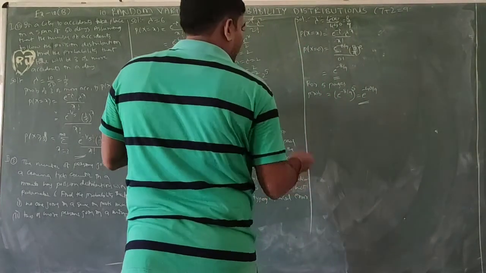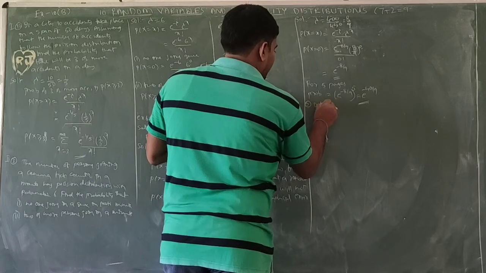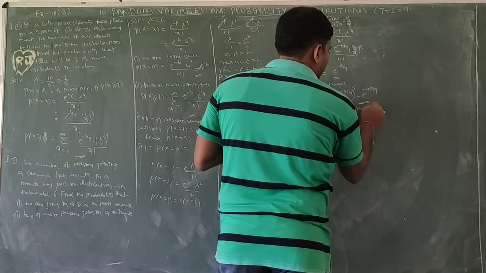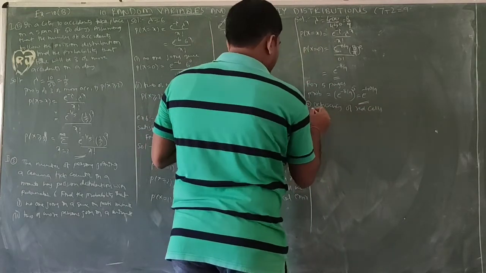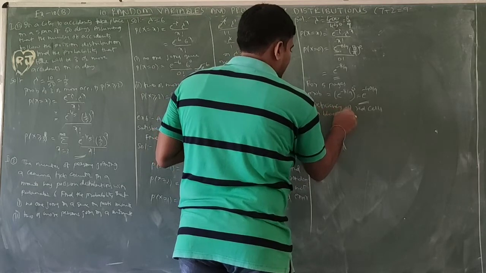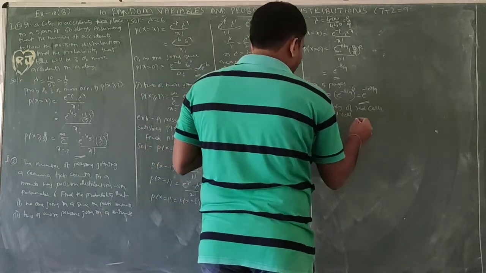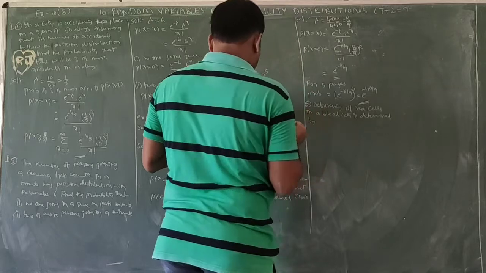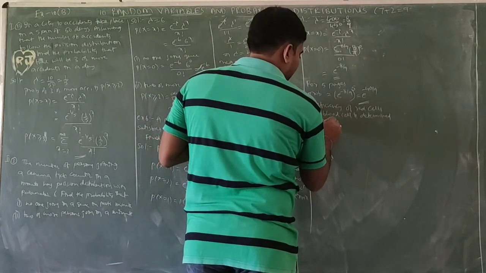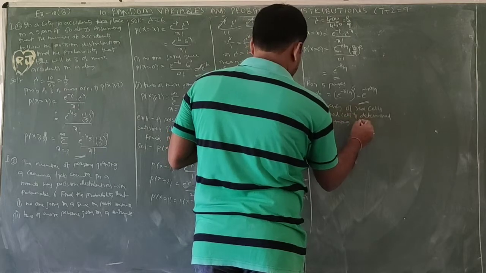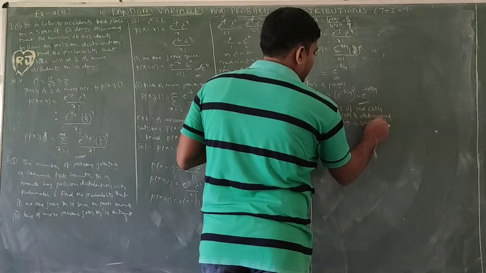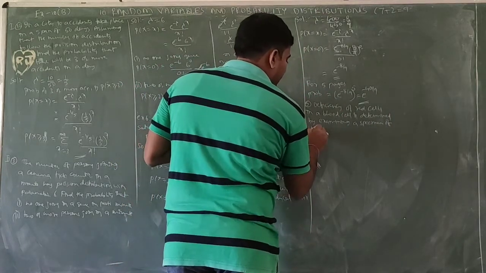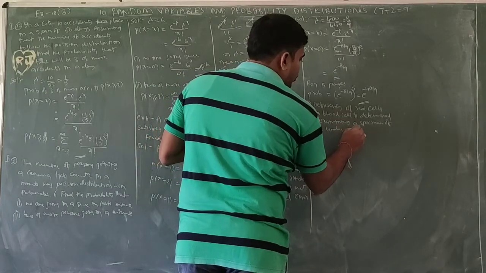Fifth. Deficiency of red cells in a blood cell is determined by examining a specimen of blood under a microscope.